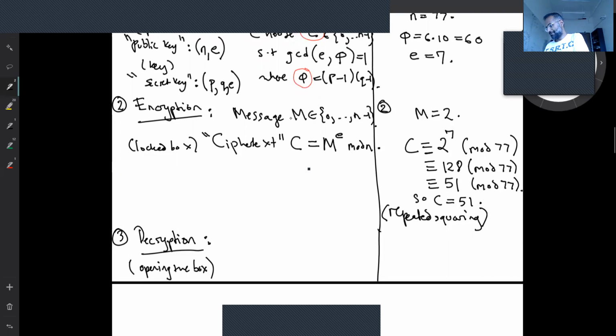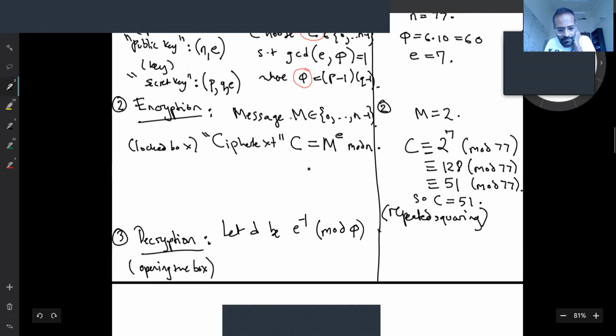The decryption step, what you do is choose D to be an inverse of E modulo phi. It's kind of not obvious why this is relevant.